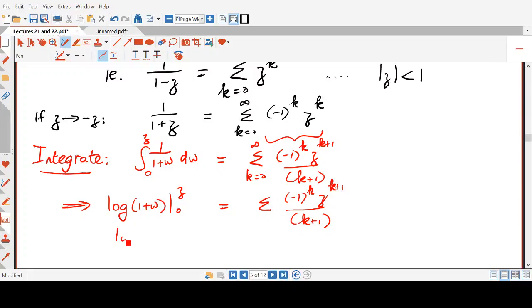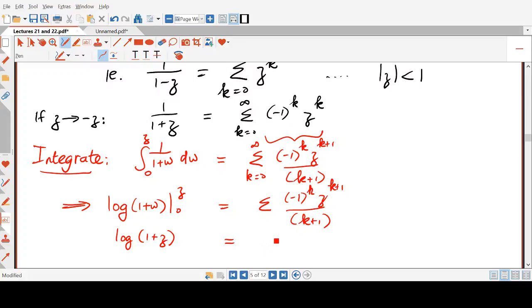In other words, this is log of 1 plus z. If I replace w by z, carry out this integration, but substituting z here first, 1 plus z. Then I substitute 0, log of 1 is 0. So I can expand this.